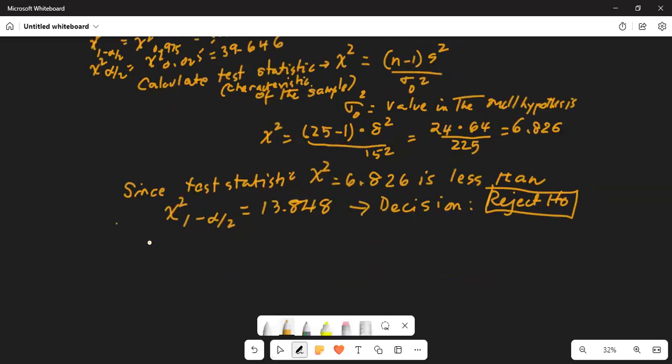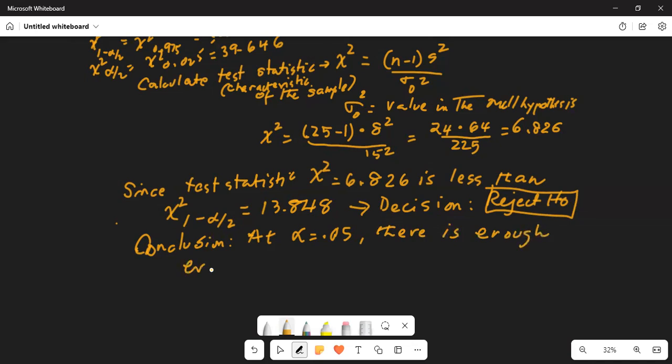So conclusion is, at alpha equal to 0.05, there is enough evidence to support HA, the alternate hypothesis, because we have rejected the null hypothesis.